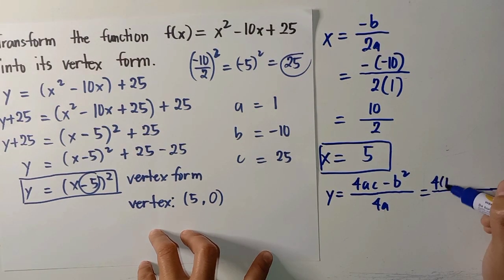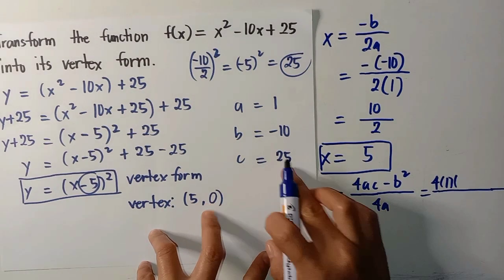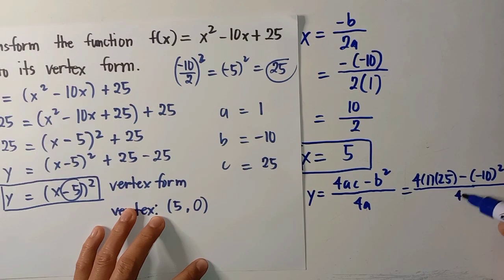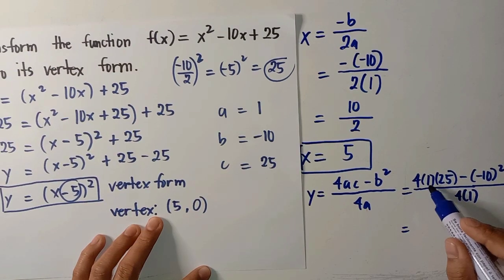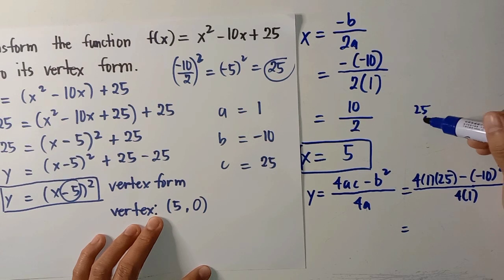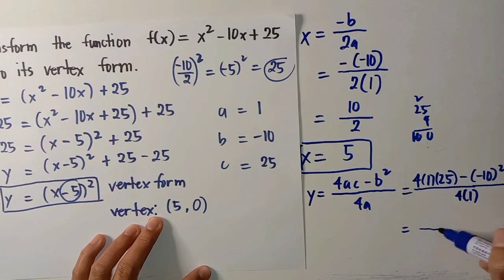So the value of our A is 1. C is 25. Copy minus, and then the value of our B, negative 10. A is 1, 4 times 1. 4 times 25. 25 times 4, that is 100.